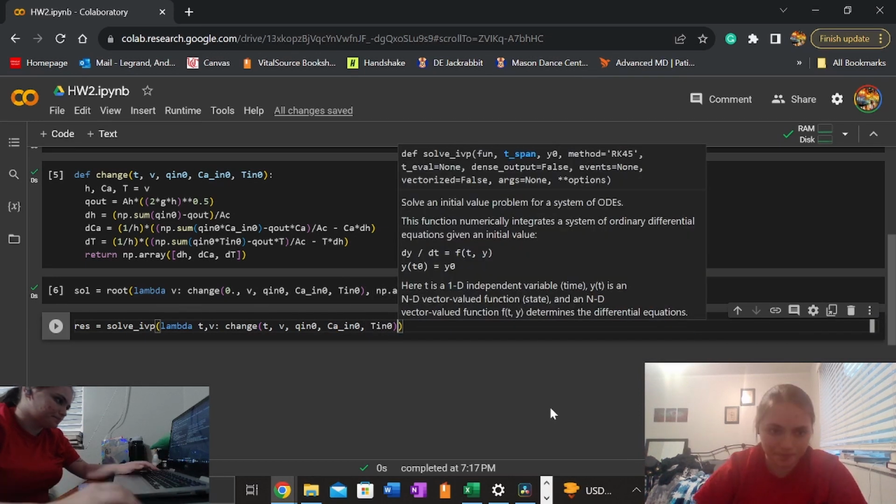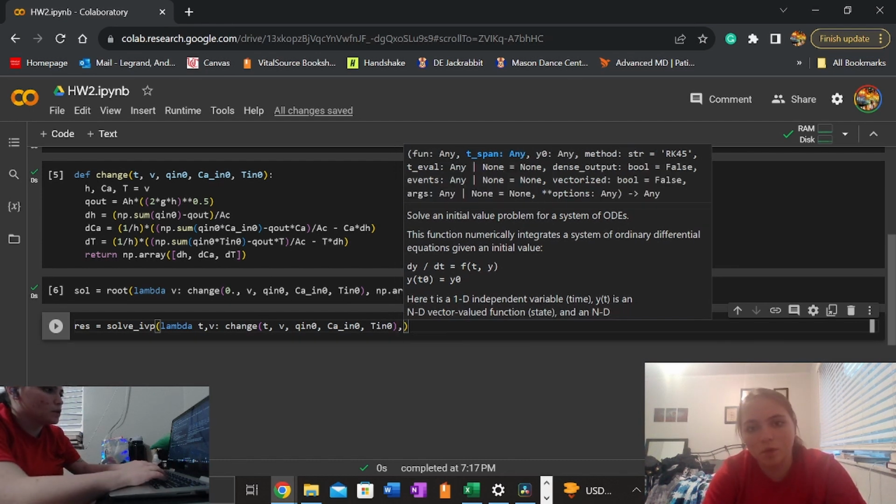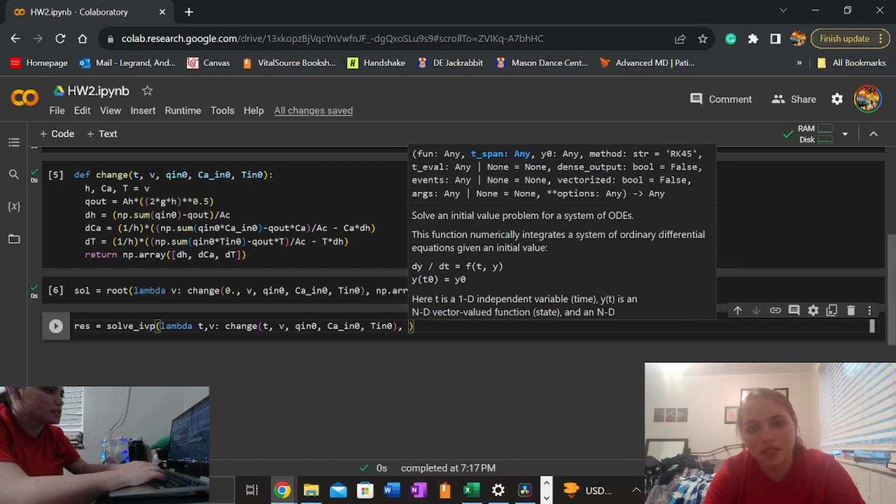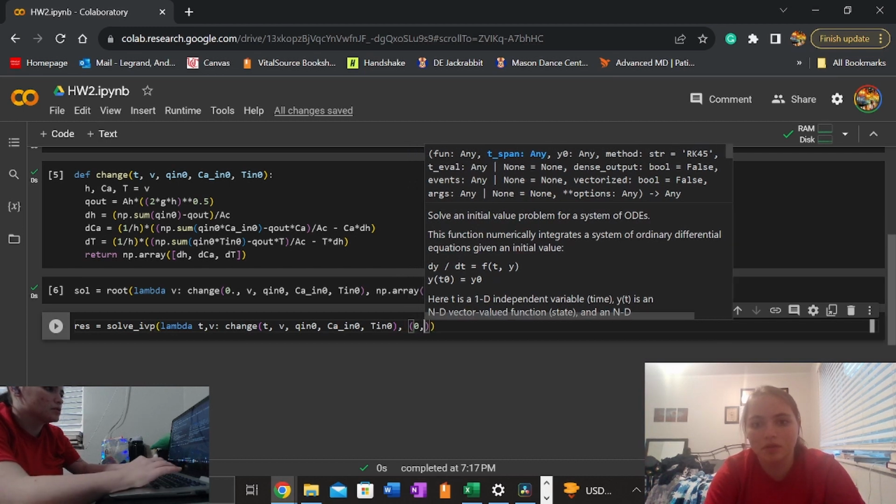We have our t-span, which is 0 to t-end.